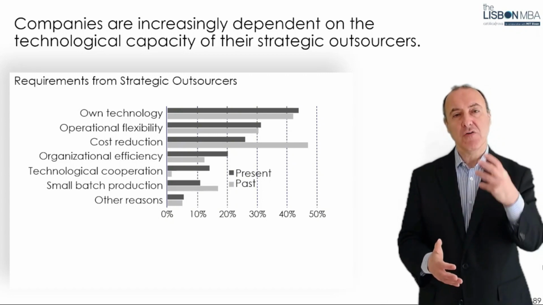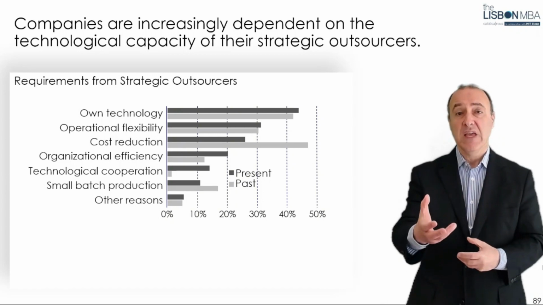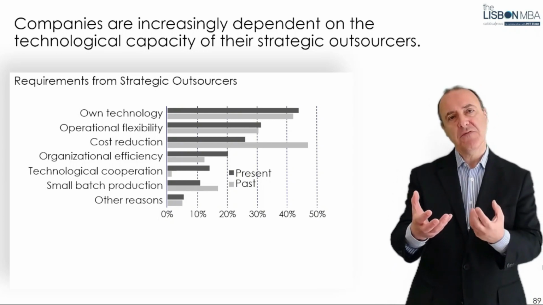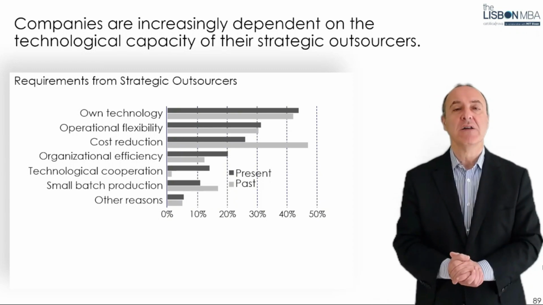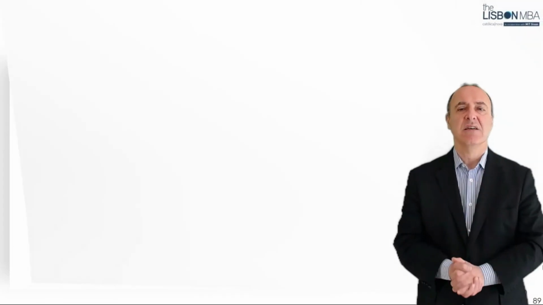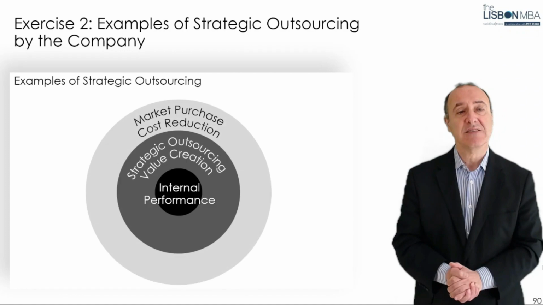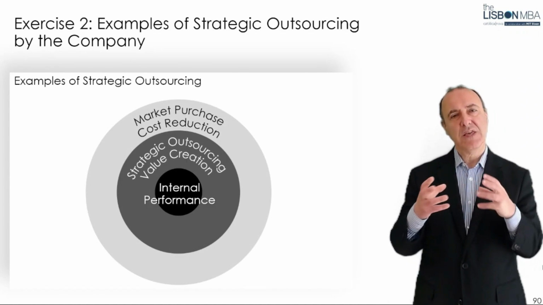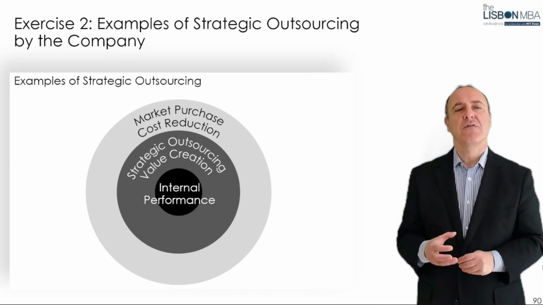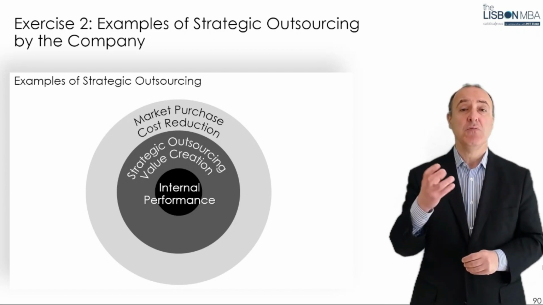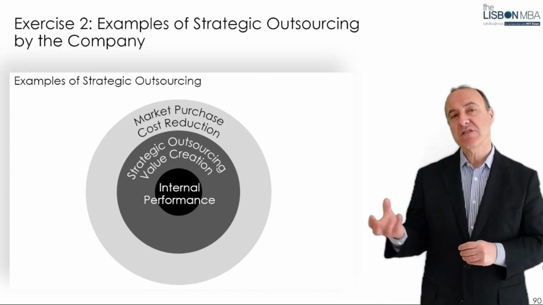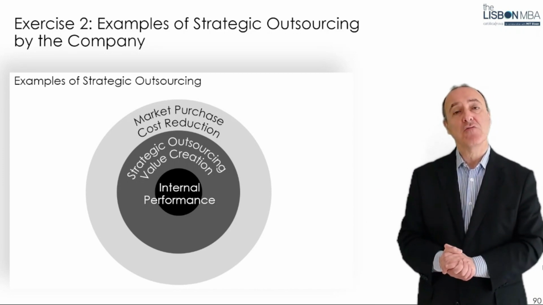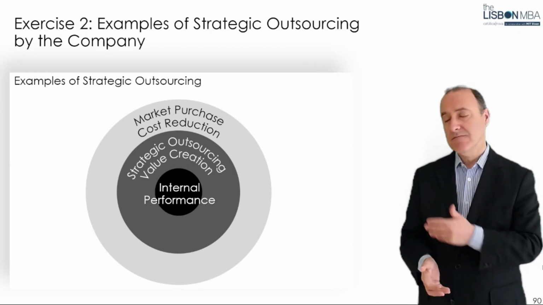I'm thinking about how to create value, more value. And I know that I cannot rely on my own company alone. So I have to look for external partners. And this is the aim of this exercise. For the case study company, I would like you guys to think about what kind of strategic outsourcing you would recommend. What kind of partners should I find for a long-term value creation alliance?